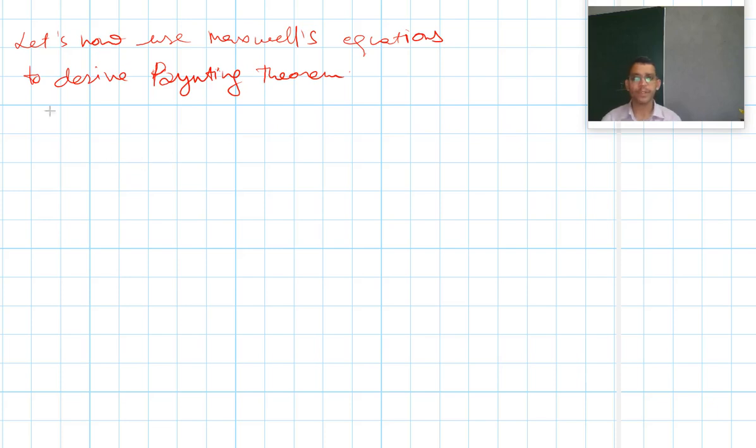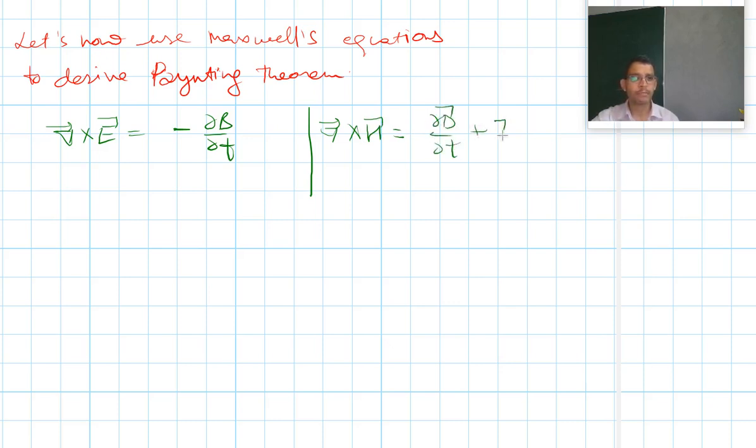For this, consider two equations. One is del cross E is equal to minus curly B over curly T, and another equation which I am considering, that is del cross H is equal to curly D over curly T plus J. These are the two equations which I am considering.